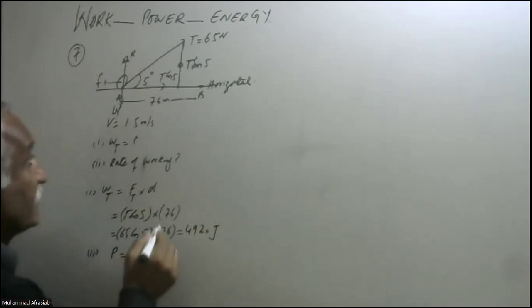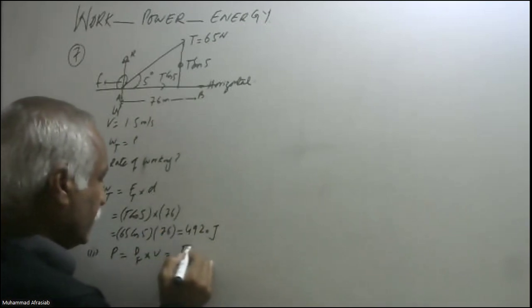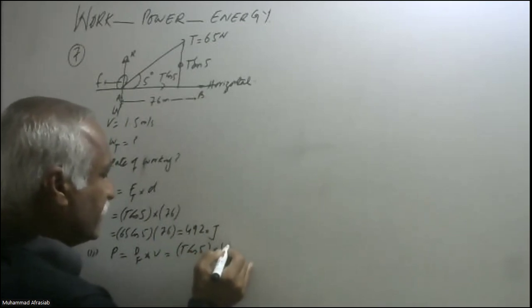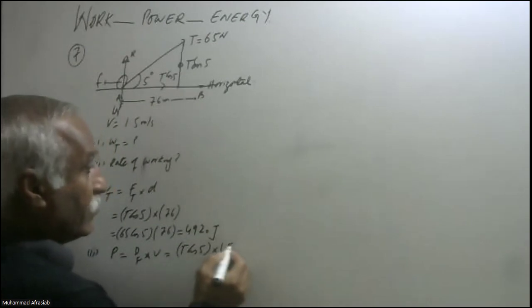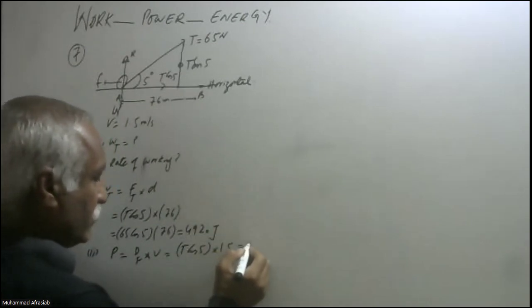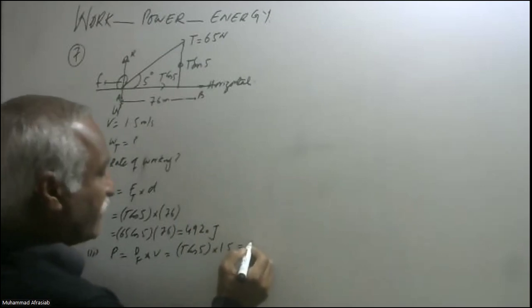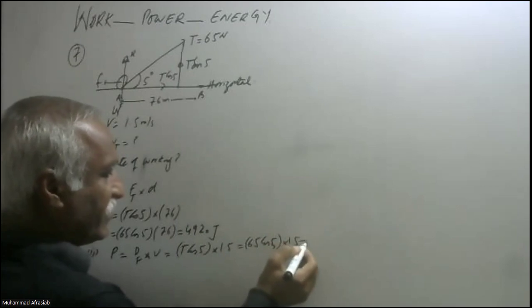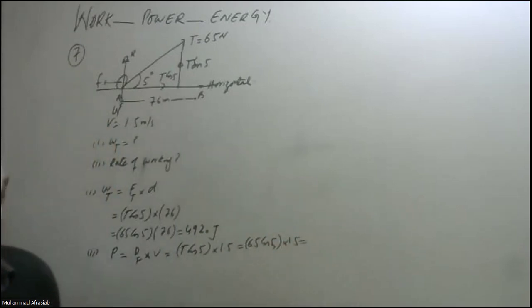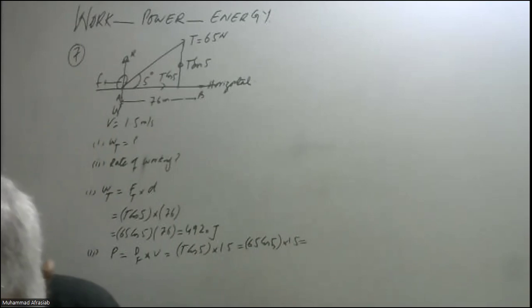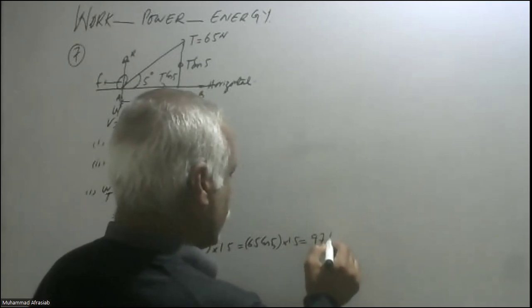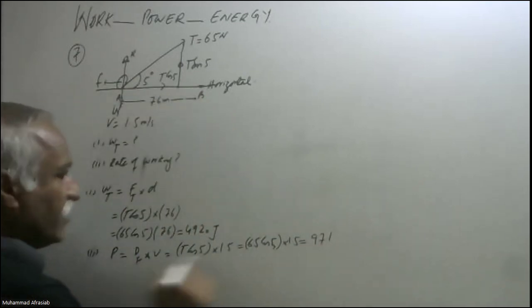The driving force is the tension force, which is T cos of 5, into the velocity 1.5. So 65 cos of 5 into 1.5, and that is equal to 97.1, and the unit for power is watt.